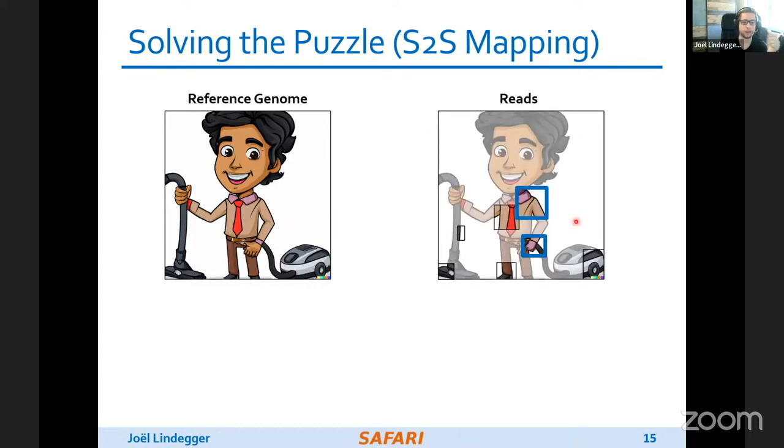So what does that mean for mapping? Well, there are still some reads that can be mapped correctly, right? First of all, there are ones that are just unmodified, because a large fraction of the genome is still the same, even for different humans. Like we're largely the same, you know. It's just tiny differences between humans that make us look different from each other. But it turns out even some reads that contain variants can still be mapped.